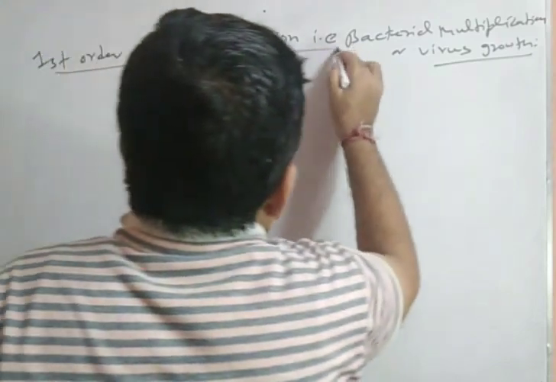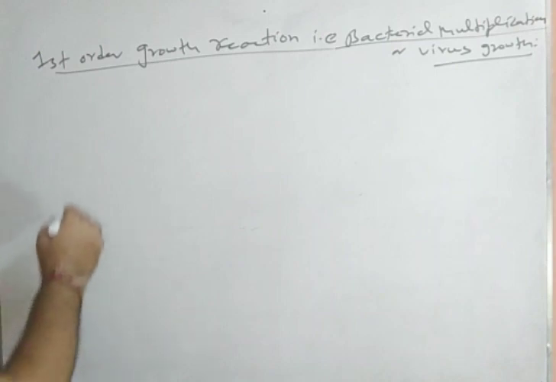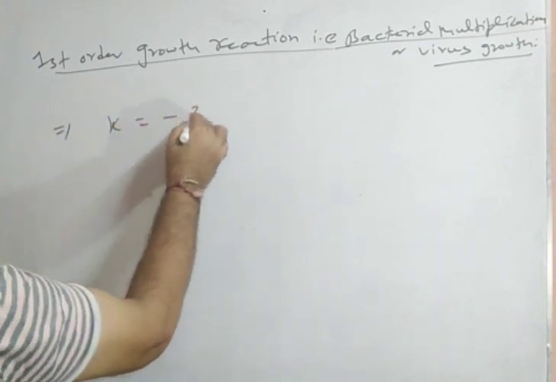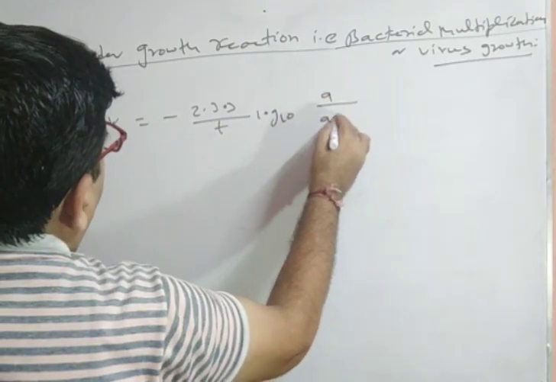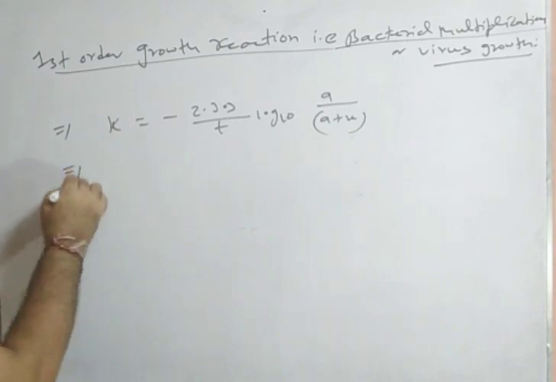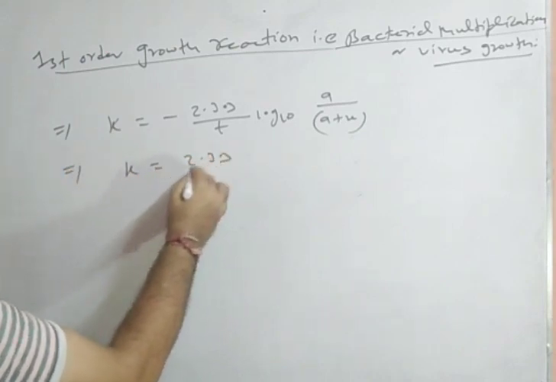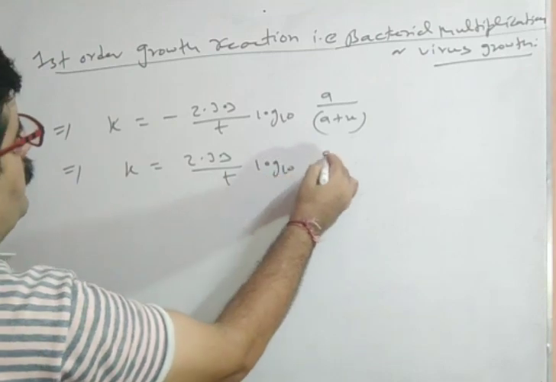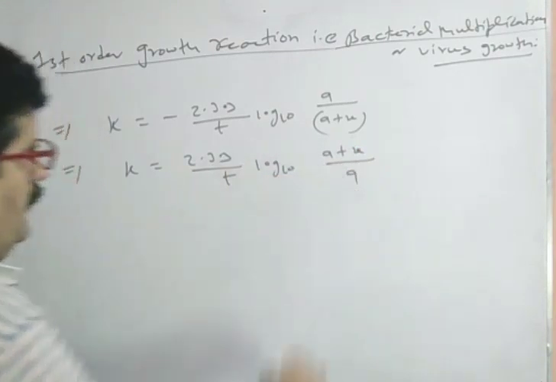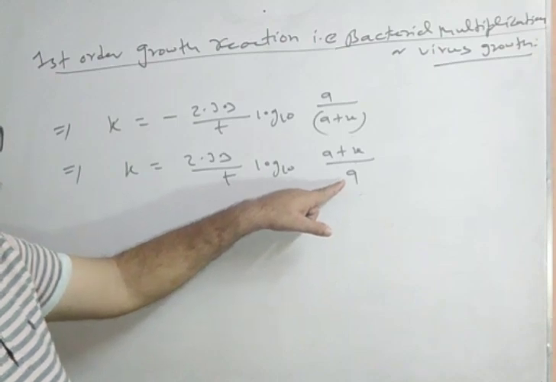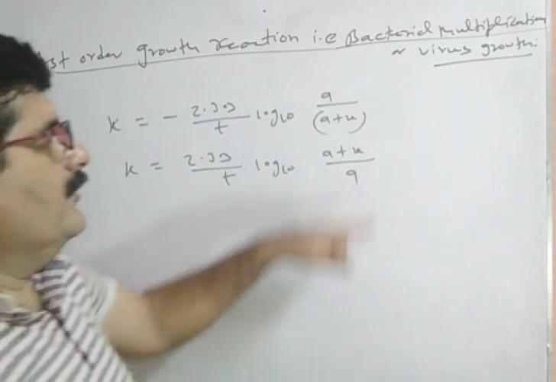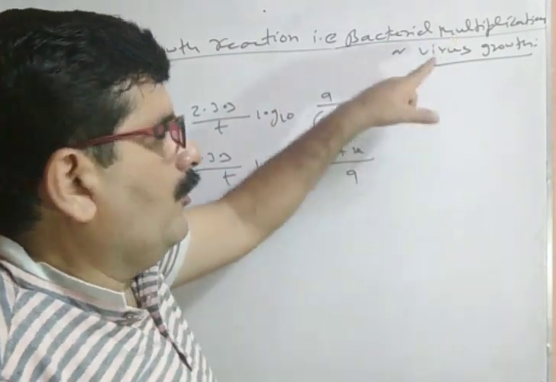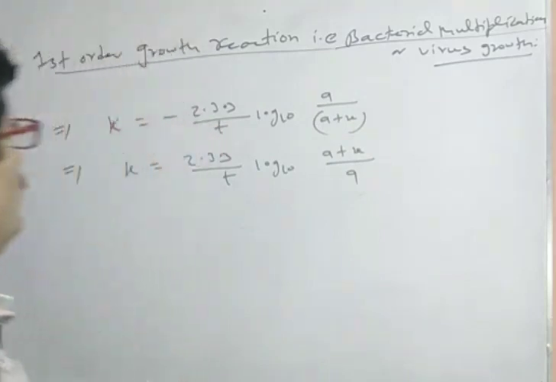You can also write population growth. It always follows first order kinetics, and the expression becomes k is equal to 2.303 by t log base 10 a by a plus x, or k is equal to 2.303 by t log base 10 of a plus x by a. a is the initial, a plus x after time t. So population, bacterial multiplication or virus always increases after time t.